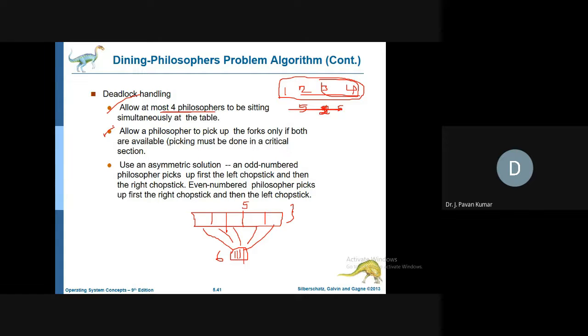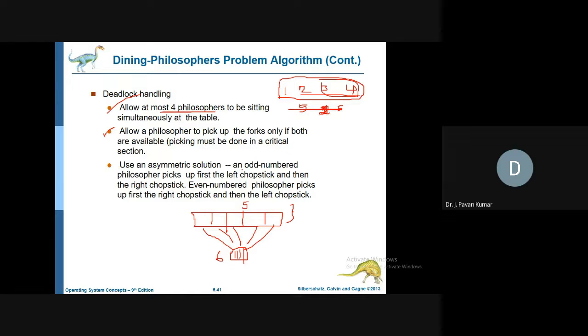He will not take one and wait for another one. Understood? Deadlock happens because he picks one and waits for another one. By the time he tries to pick another one, it has been picked by another philosopher, and that circular waiting causes deadlock. But in this approach, only when both sticks are available is he allowed to pick the chopsticks. Okay, this is another approach.